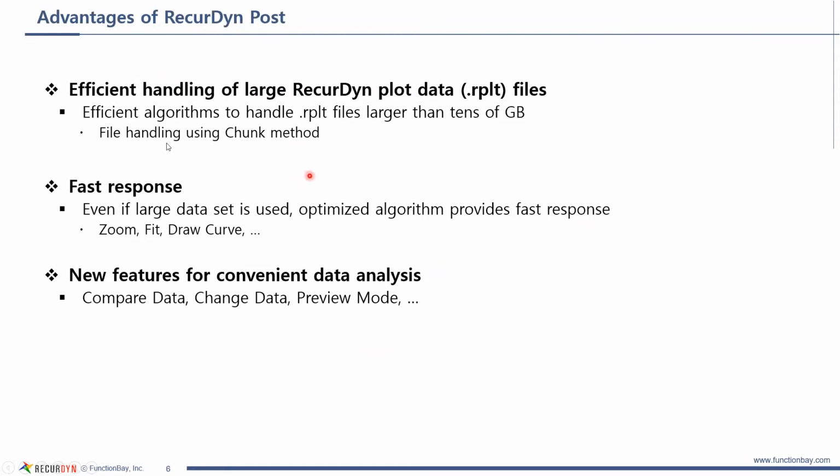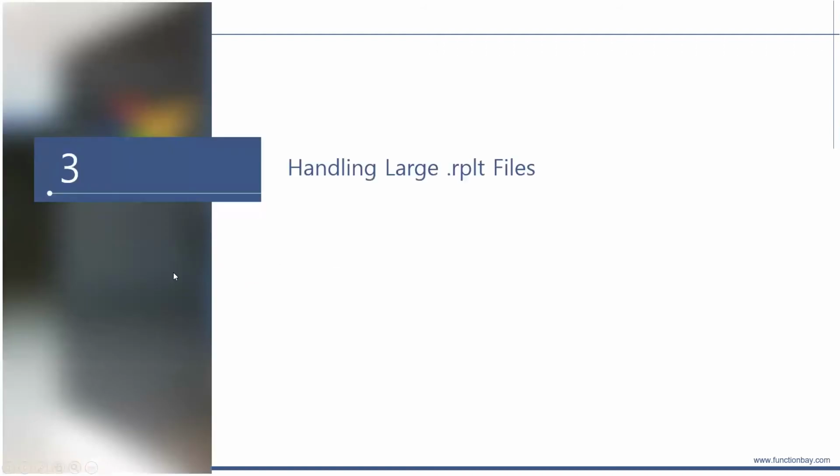And the file handling is done using a chunk method, which we'll cover shortly. The response is fast with the basic operations such as drawing the curves or zooming or fitting the screen. And there are a couple new features for data analysis, such as compare data, change data, and preview mode.